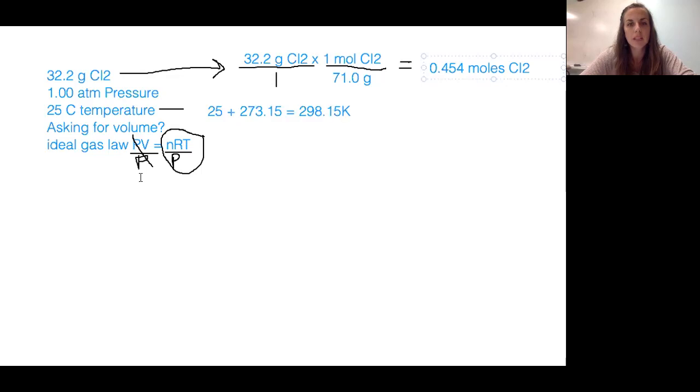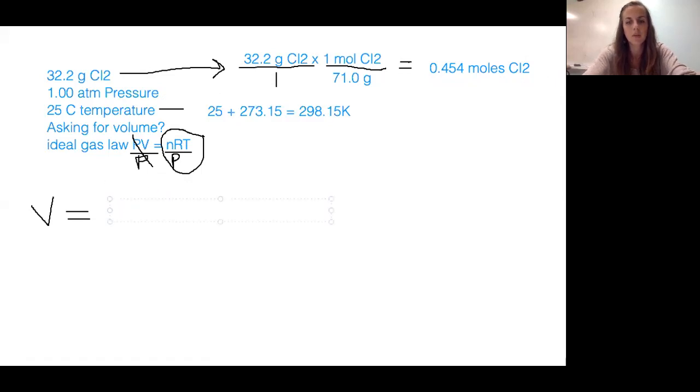Okay, so now I have my moles, I have my pressure, I have my temperature in the right unit, and I have the R constant. We can go ahead and plug it in. I'm going to write it out for you. So volume is equal to the number of moles first, so that's 0.454. I feel like it's better when I type it. It looks better.